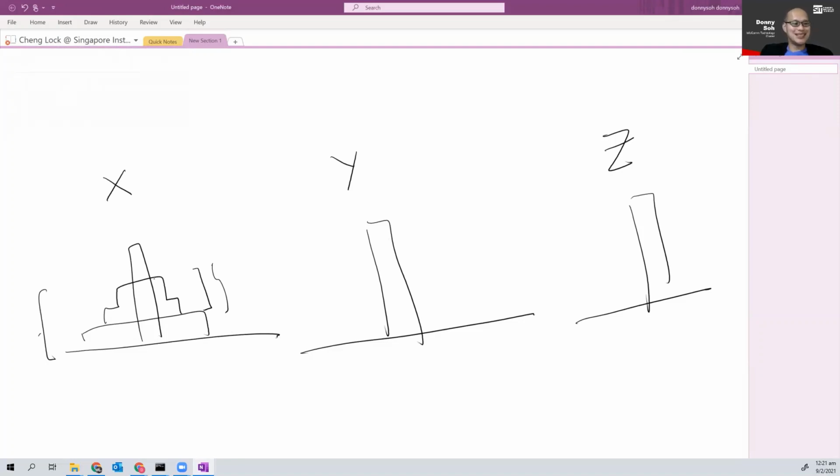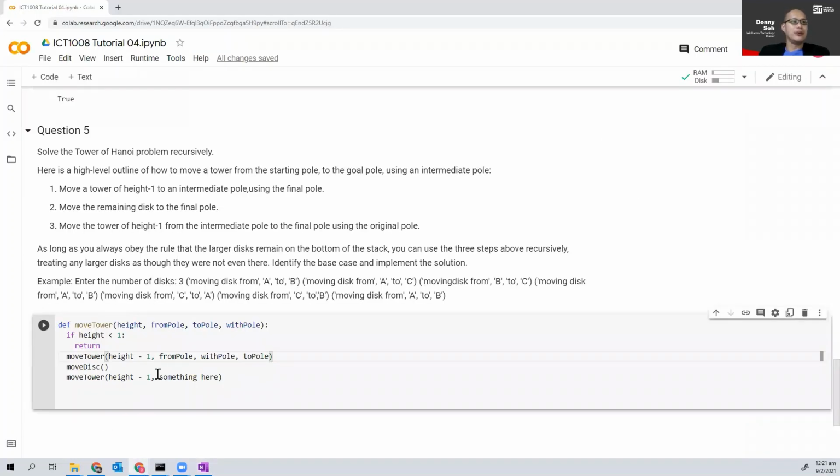So this is essentially what the algorithm is saying. So I am shifting from my from pole where I am actually at to my with pole using my to pole. Then I move the single disk, and the single disk will be my from pole to my to pole.